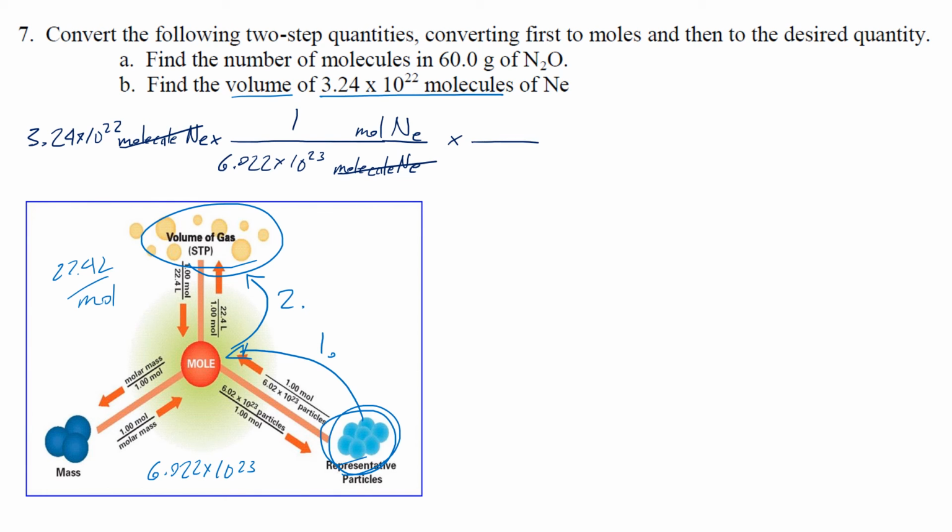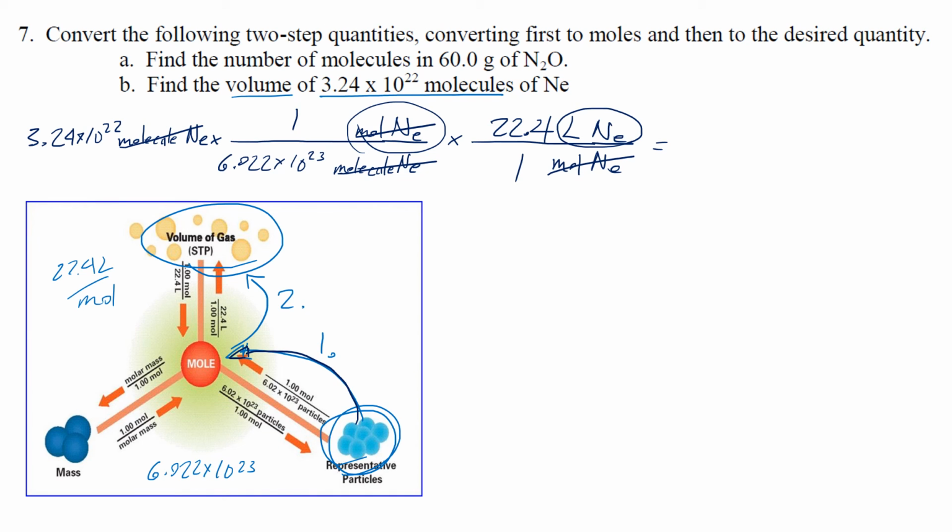We just did step 1. Now we have to go from moles to volume. Moles is up here, so moles has to be on the bottom, moles of neon. And we know that 1 mole takes up 22.4 liters. See that? Moles will cancel, and we end up in liters.